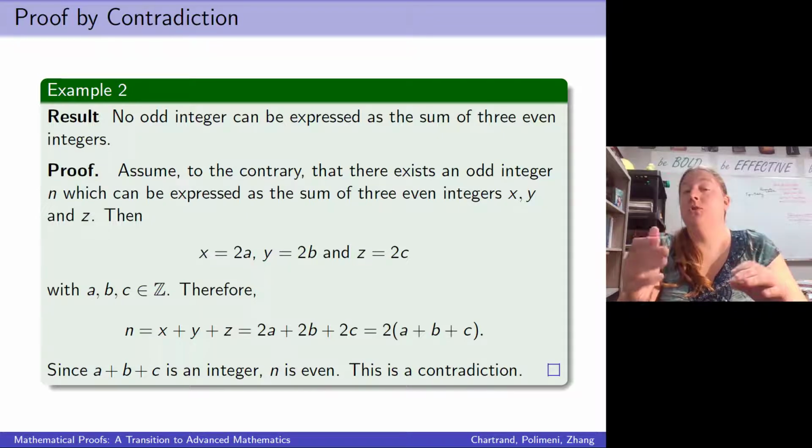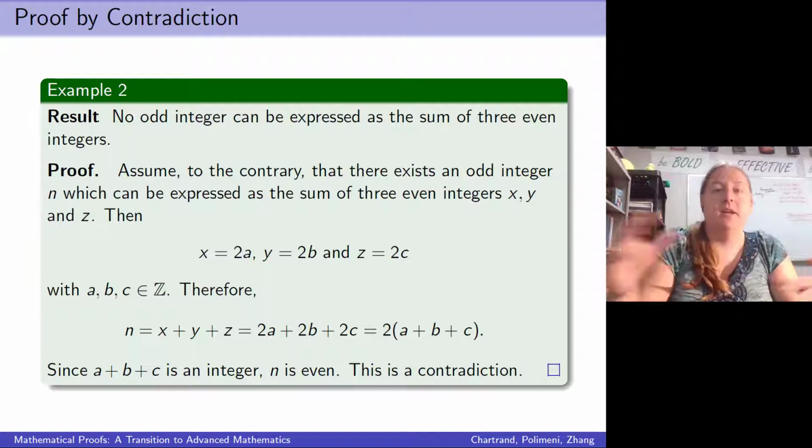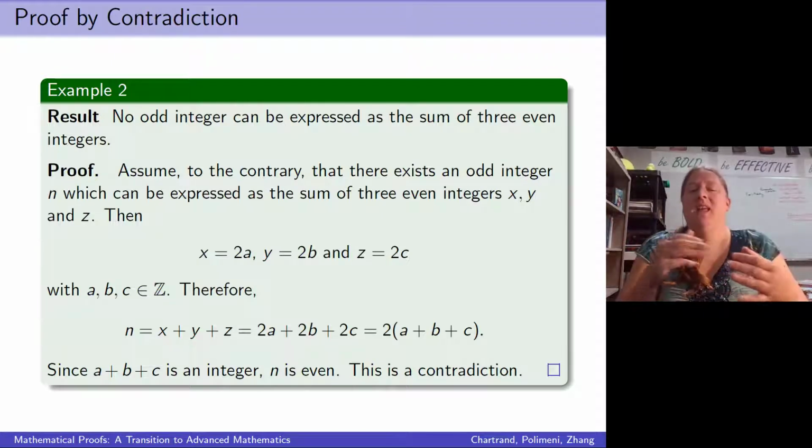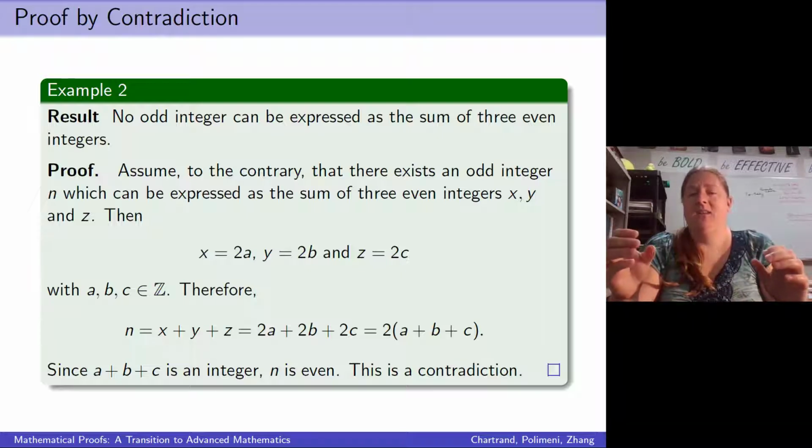Well, that's going to equal 2a plus 2b plus 2c, which is equal to 2 times the quantity a plus b plus c. And since a plus b plus c is an integer, by the definition of even, n is an even integer. So I've got n as an odd integer and n as an even integer, and that's a contradiction. So I know that the original statement must in fact be true.